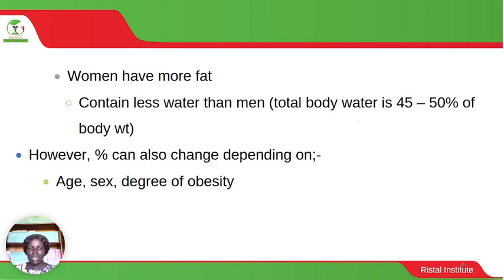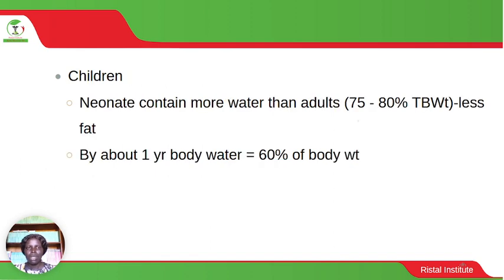So based on that, the amount of water in the body can change. You realize that older people have less water in their body than young children. Like we have said, women have less water than men. Children and neonates contain more water than adults.